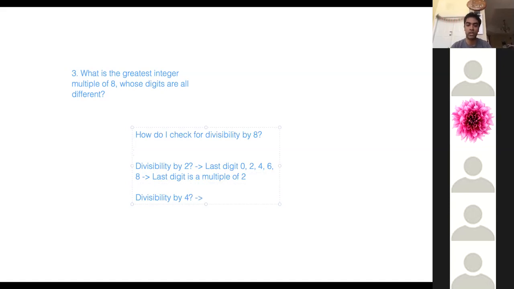Anyone know what the trick is for that? So it should be the last 2 digits should form a multiple of 4.